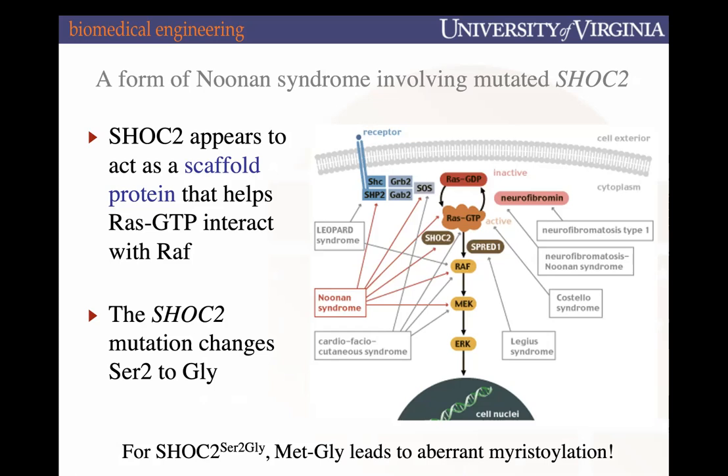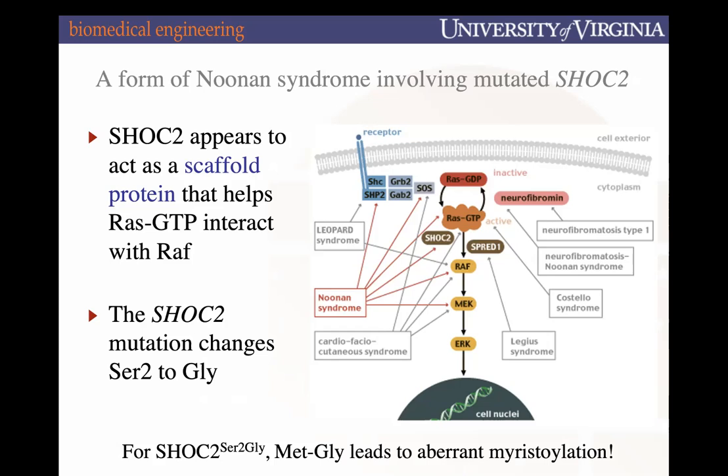And so this myristylation that happens as a result of this mutation will now tether SHOC2 to the inner leaflet of the membrane. And so now this will create a more chronic activation of this RAS-RAF-MAPK signaling cascade. And the MAP kinase signaling pathway is tied to a lot of important biological pathways and processes.